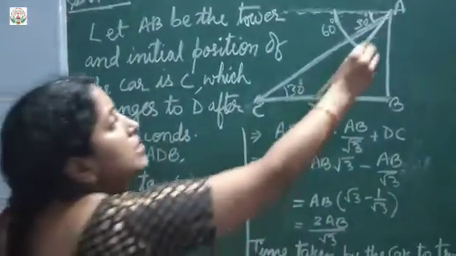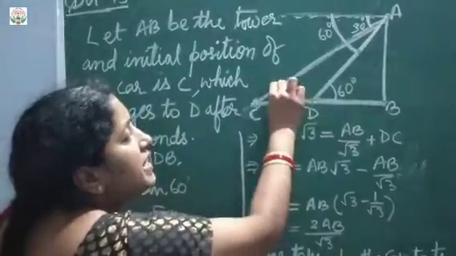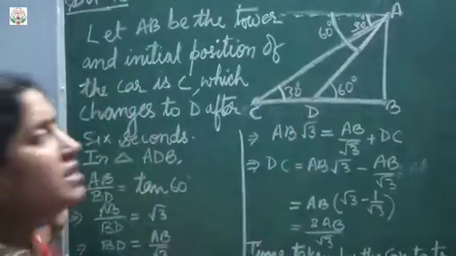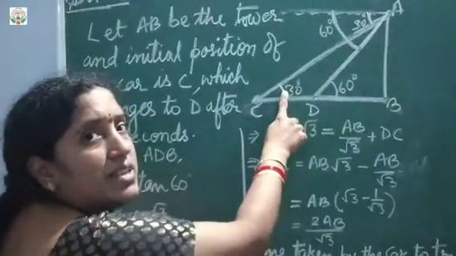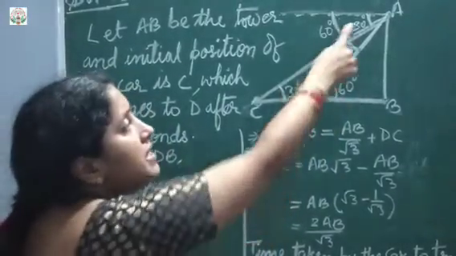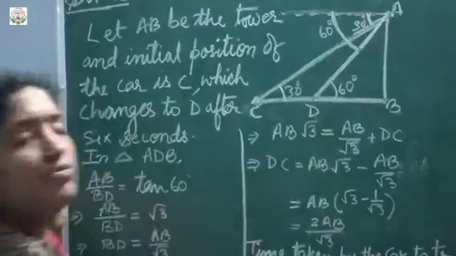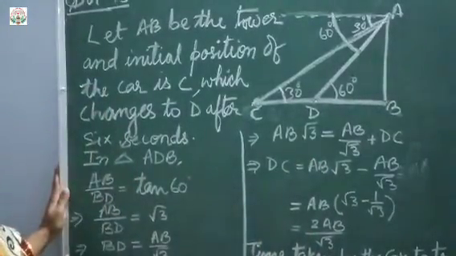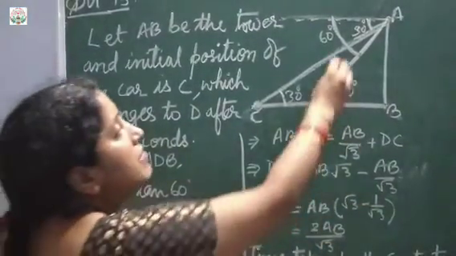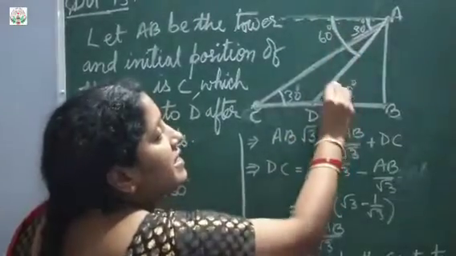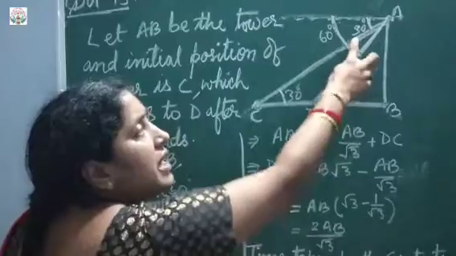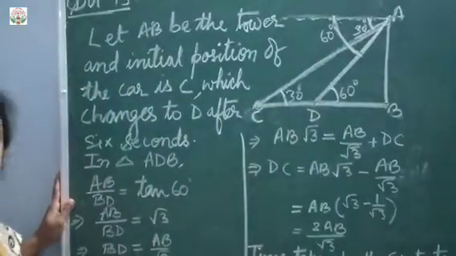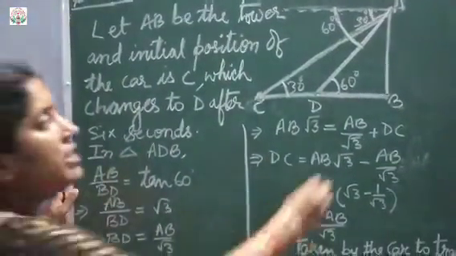So angle ACB is again 30 degrees, because these two are alternate interior angles. Same way, this angle ADB is 60 degrees because they are also alternate interior angles. Clear?